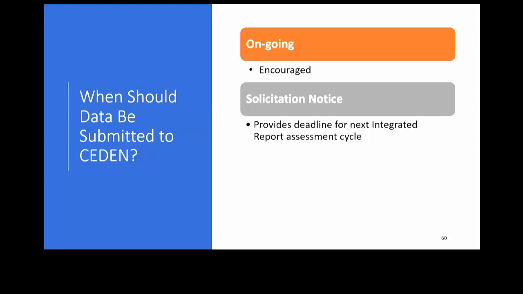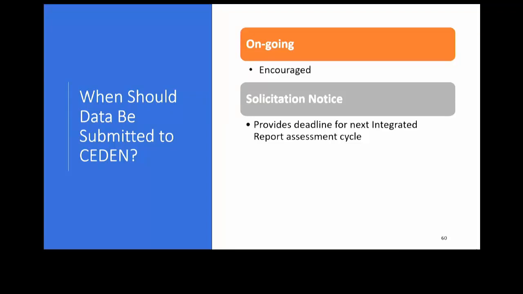So moving on to our when, this slide is really aimed at those who are wanting their data to be submitted or assessed through the Water Quality Assessment 303(d) list process. And we really encourage people to do that ongoing, so we don't get a whole slug of data right before they pull it for those reports.